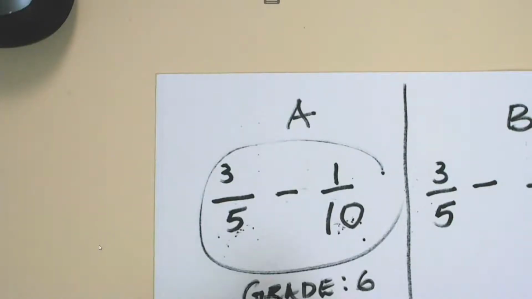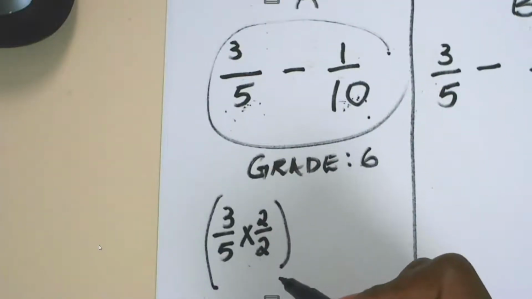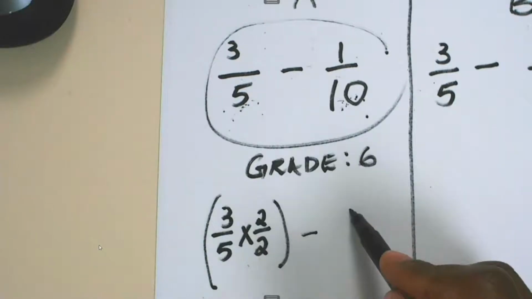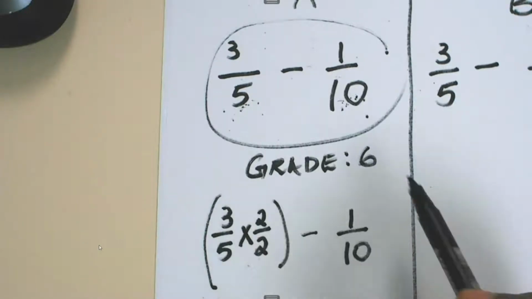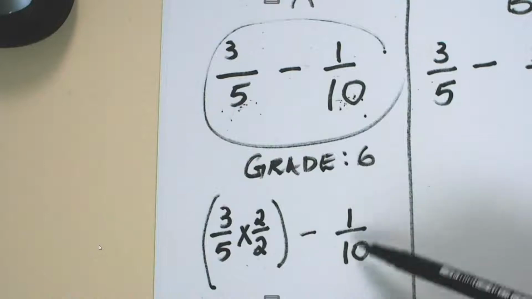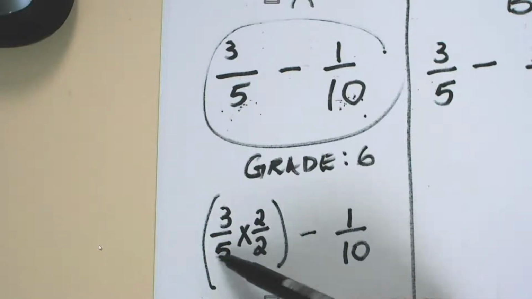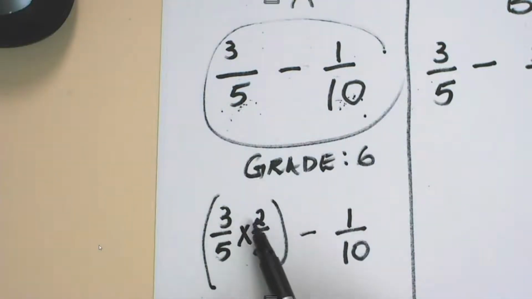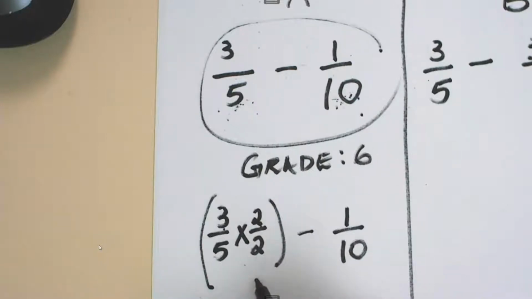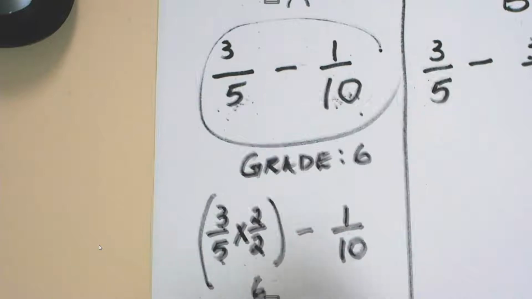So we multiply by 2 to make this equal to the denominator on the other side. On the other side, we leave the fraction as is, because we want to make sure that the denominators are the same before we can add or subtract numerators. After having done that, we work our brackets, Bottom's rule. Numerator by numerator, 3 multiplied by 2 gives us 6. And then 5 multiplied by 2 gives us 10.